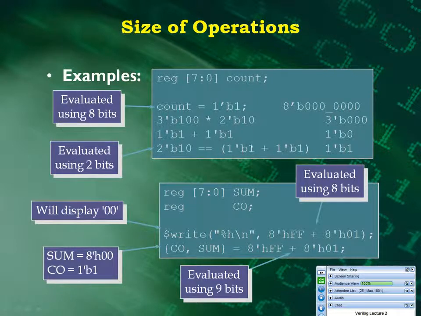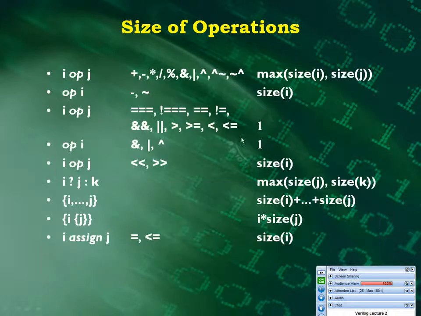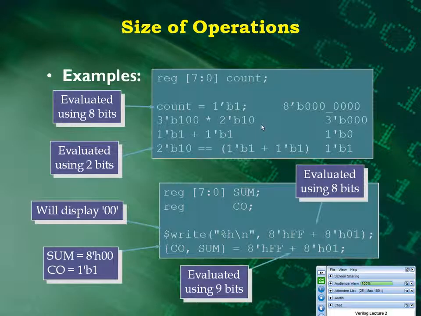So instead of this truncating, it's actually going to become the value of 2, and 2 is equal to 2. So the result, remember, the result of the operation in this case is going to be just the 1 bit, because this is a true or false, right here, when you do equal, not equal, those types of things. Size of the operation is 1. So this might be a little different, and you just have to get used to this.